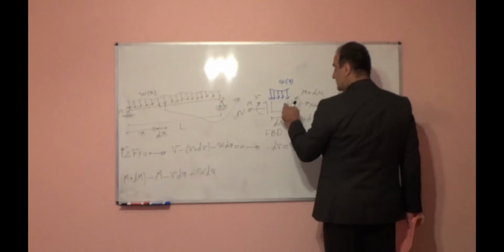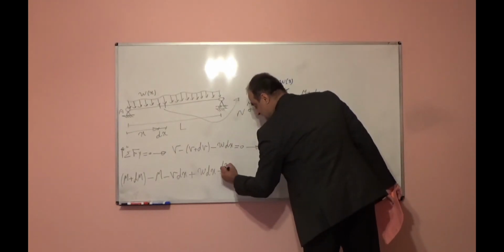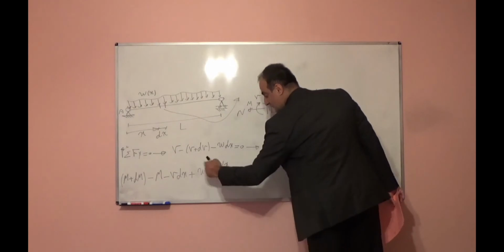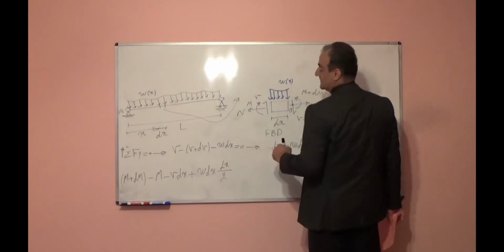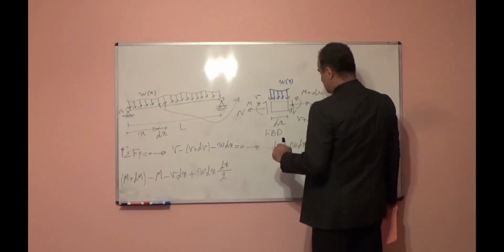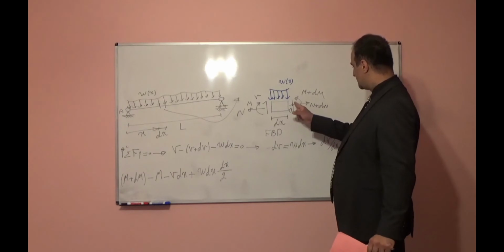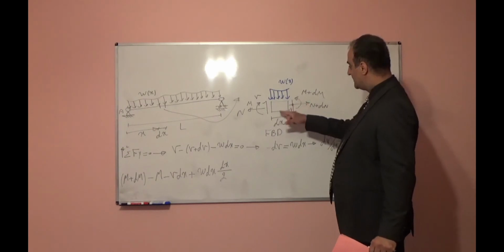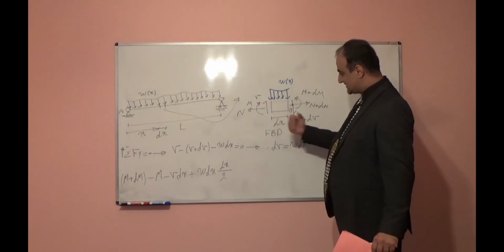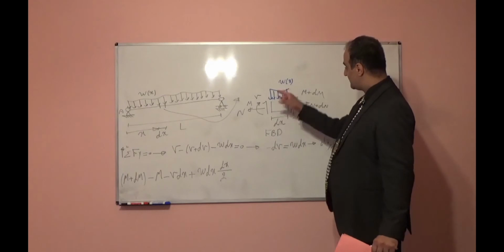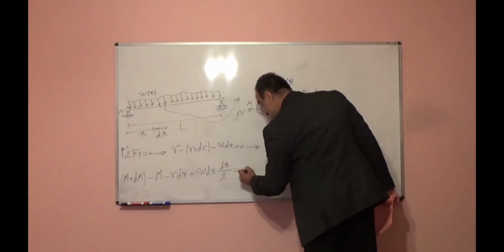The resultant force location up to point O is dx over 2. This will be force times distance, w dx times dx over 2. So I am taking moment with respect to point O: m plus dm minus m minus v times dx plus w times dx over 2 is equal to 0.